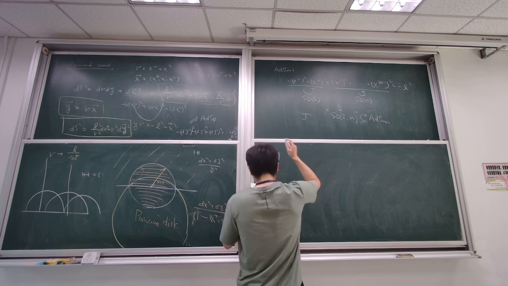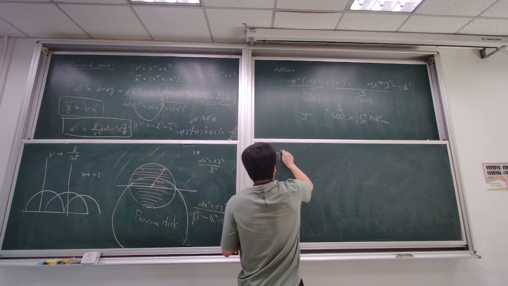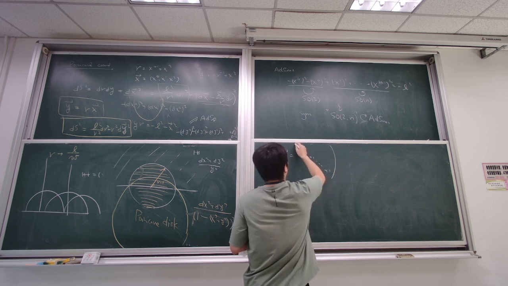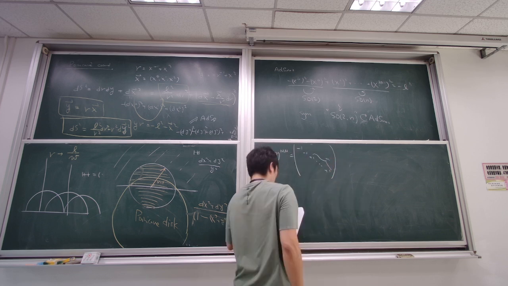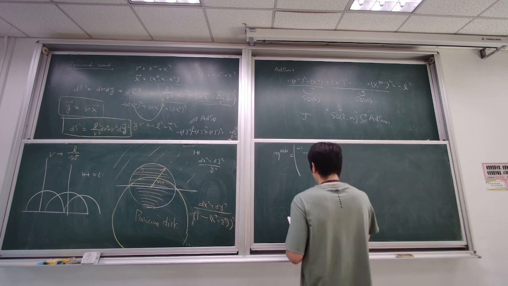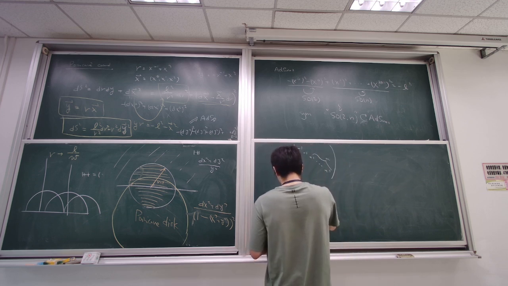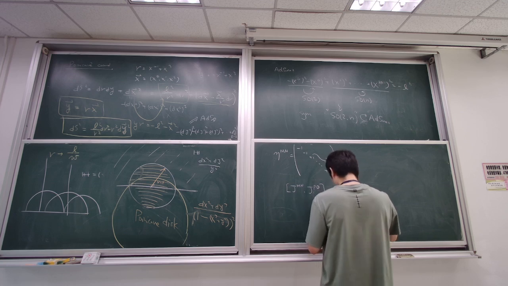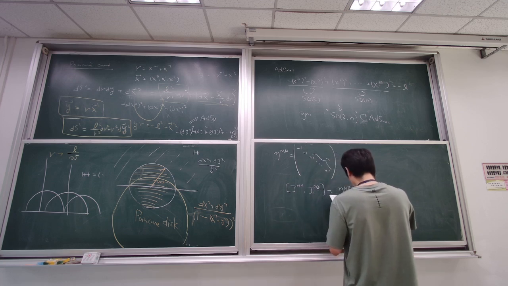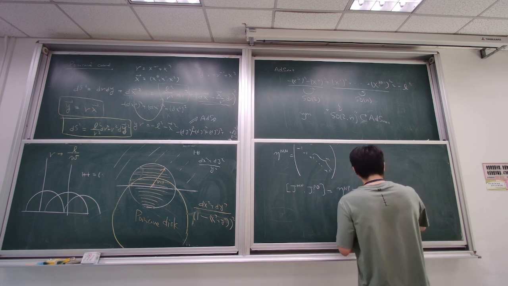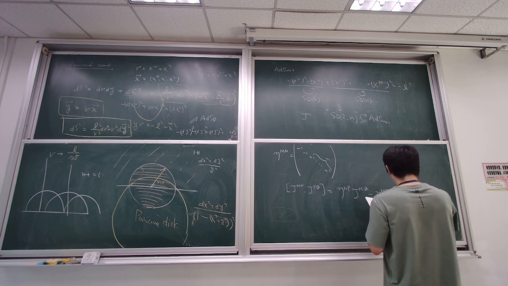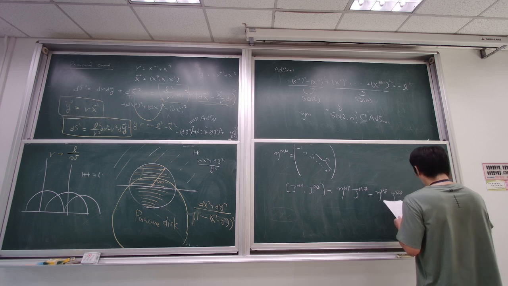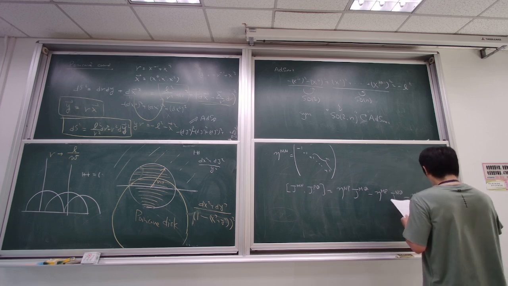If you define eta_mn as something like minus 1, minus 1, plus 1, plus 1, and so on, there are n of them, then the Lie algebra satisfies as follows: J_mn with J_pq, like this.